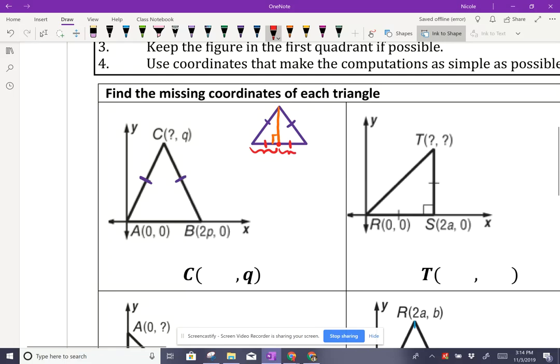So this side and this side are equal to each other. So this could be 1 and this could be 1, and they are equal to each other.